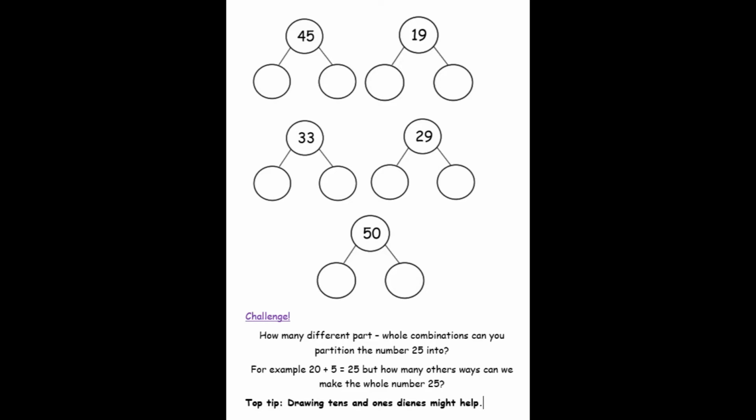And I've added a challenge on today here too. The challenge is, how many different part-whole combinations can you partition the number 25 into? So, for example, we know that 20 and 5 equals 25, okay? And we could easily draw that into a part-whole model. But are there any different ways that we can make 25 using the part-whole model?